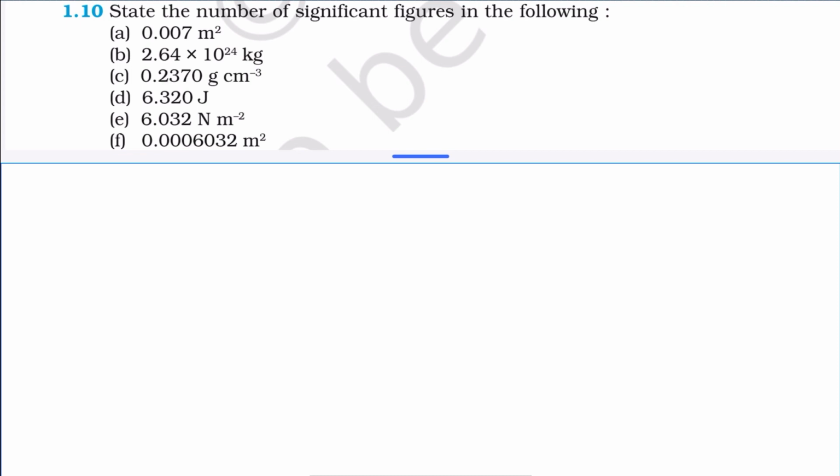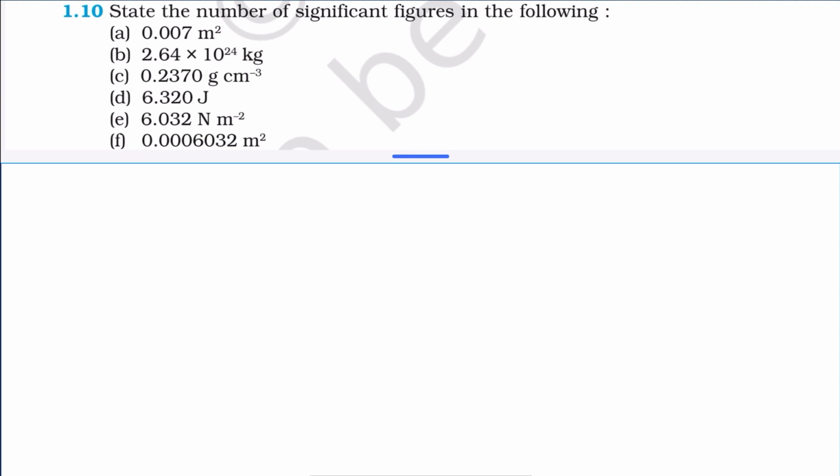These 2 rules are enough to solve any question if they ask you to find the number of significant digits. Guys, write in the comment section if you think I need to add any other point to find the significant digits, because in many books some additional rules are available. Those rules are not required.